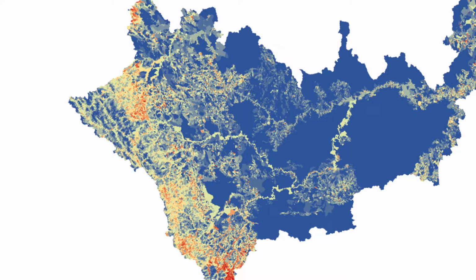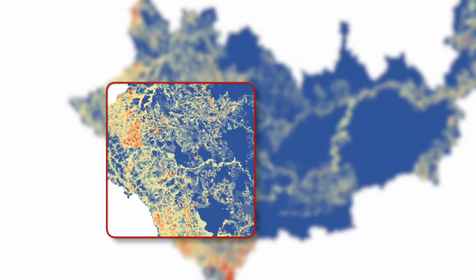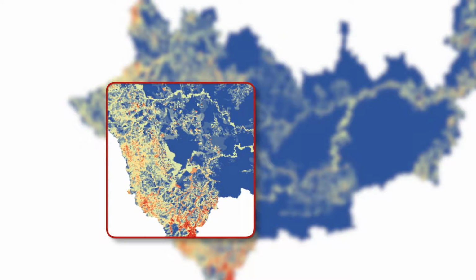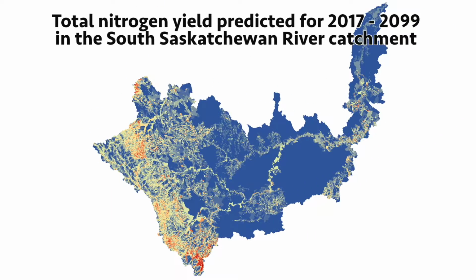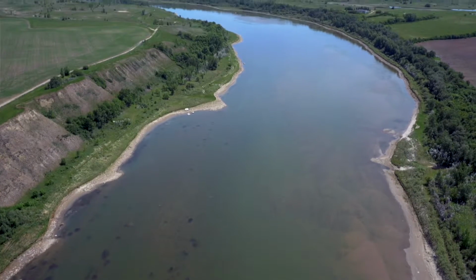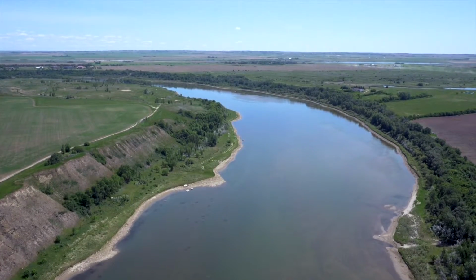We have areas with brighter colors which indicate higher nutrient loadings into the river system, higher yields of nutrients from these land surfaces. This shows us potential hot spots in the future and provides us with management options that can alleviate the nutrient loading for the whole South Saskatchewan River system.